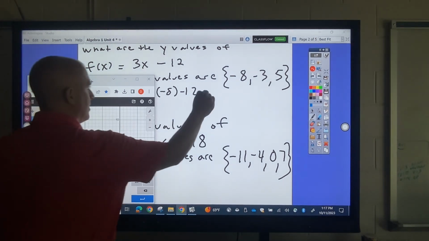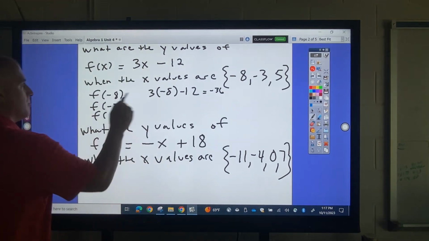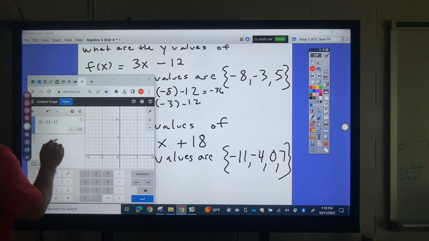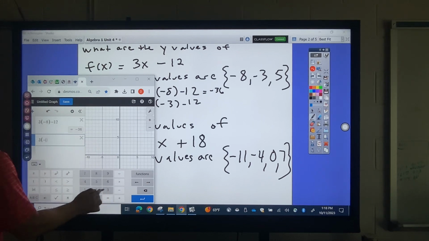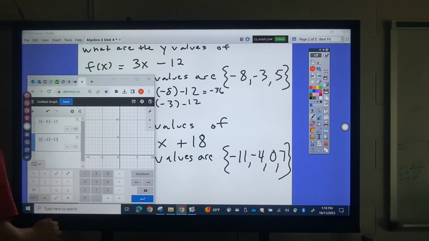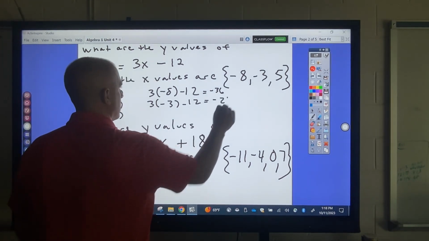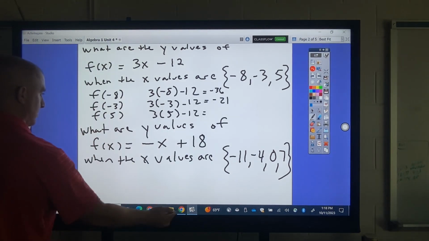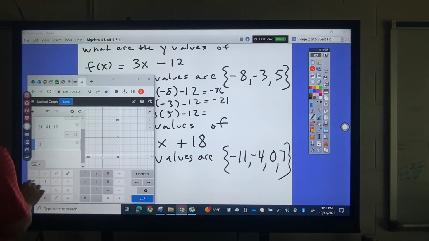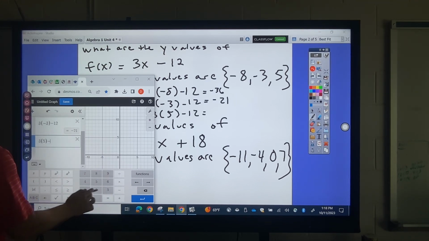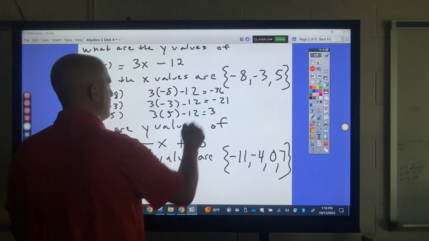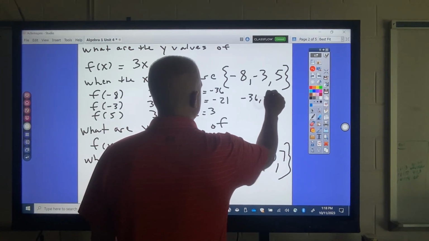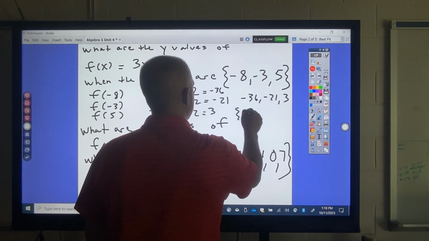Okay, that is negative 36. Then I would do 3 parentheses negative 3 minus 12. That is negative 21. And then I do 3 parentheses 5 minus 12. That is 3. Okay? So what I got there for an answer, you could put it in as negative 36, negative 21, 3. You could also do it like this.